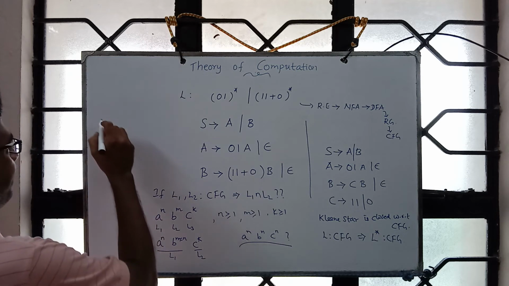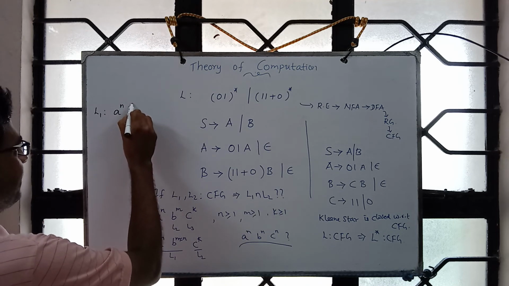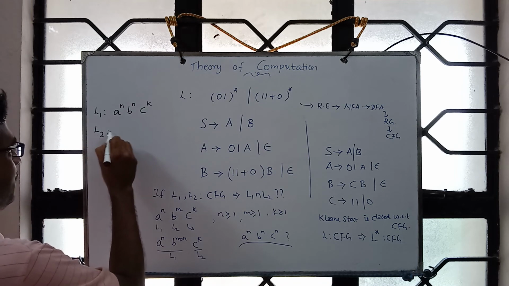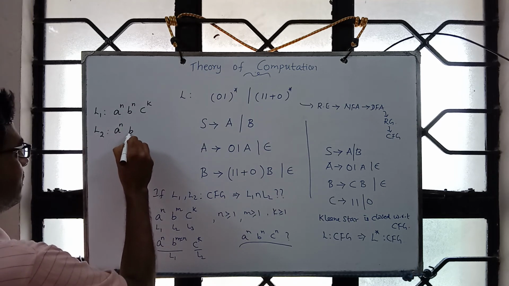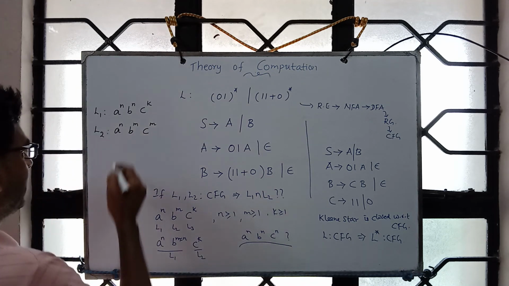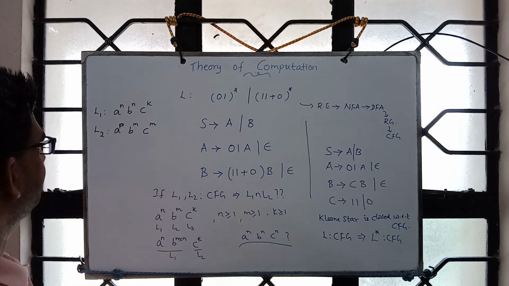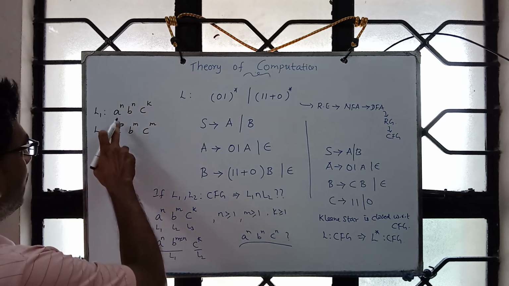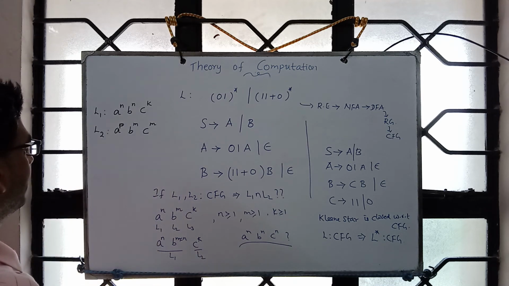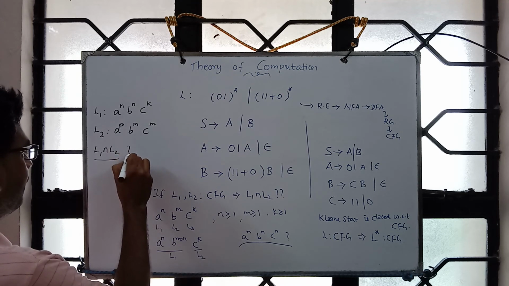For example, let me say L1 is A power n, B power n and C power k. L2 is A power n, B power m, C power m. Okay, maybe some other symbol, A power p, B power m, C power m. Now this one has a CFG, this one also has a CFG. Now what about L1 intersection L2?